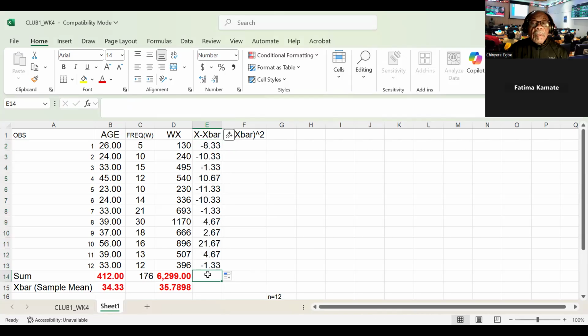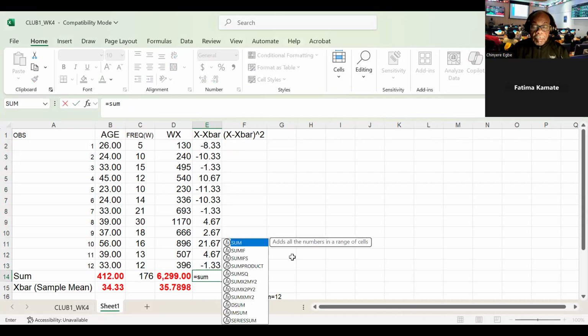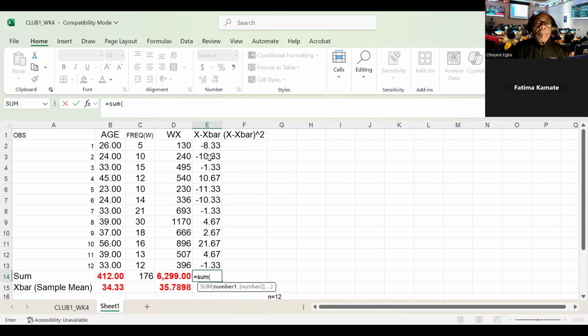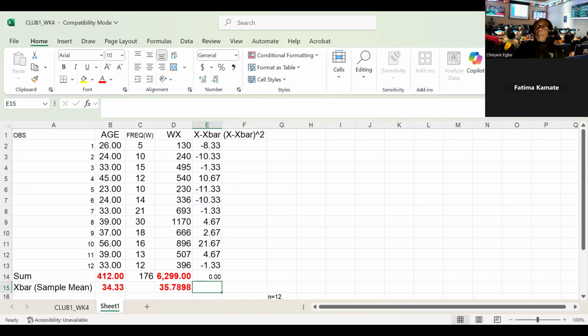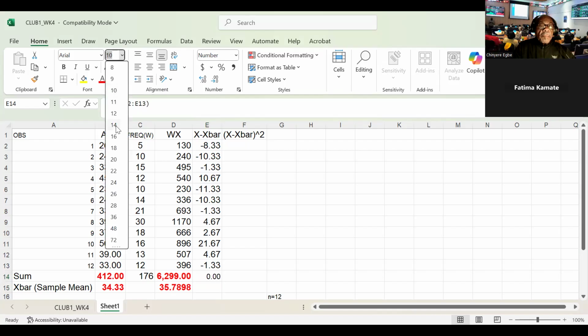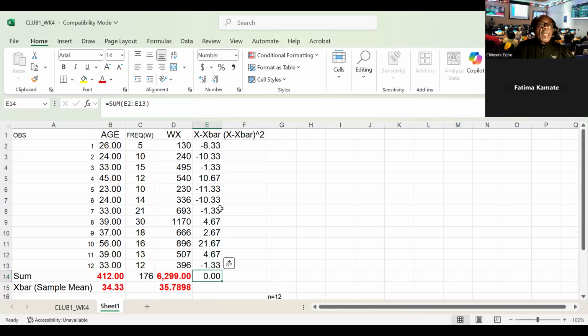And you can see that if you take the sum of those values, what do you get? 0. Do you remember we talked about that? Yes, I remember. So if we take the sum of each value subtracted from the mean, we're going to get 0.